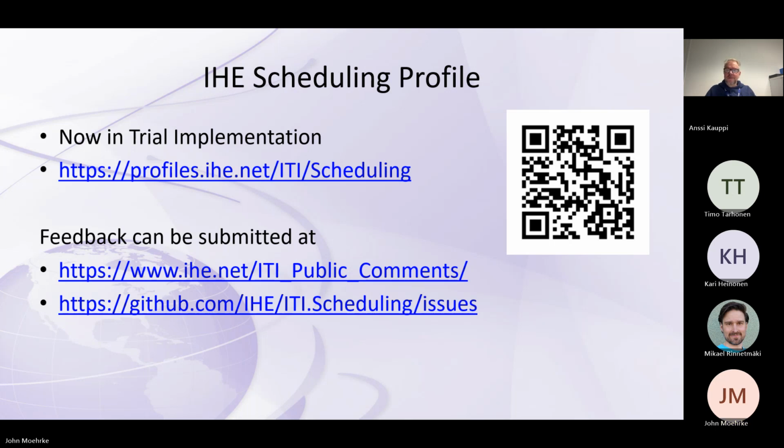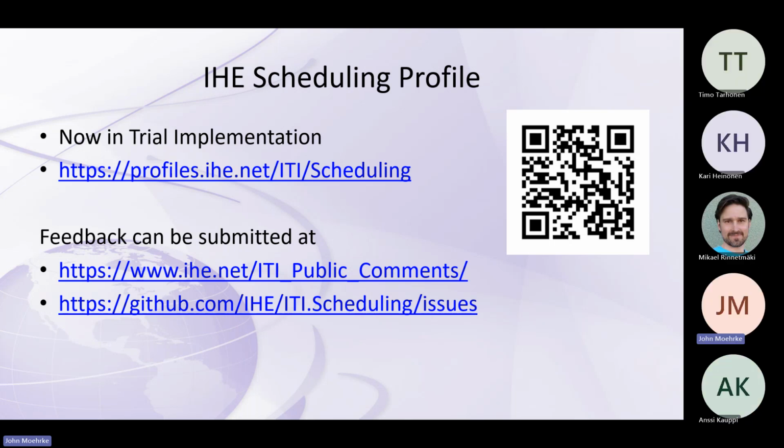I do see another question about scheduling for mobile. This is not scheduling for mobile. We don't have it because scheduling for mobile would mean that we have a scheduling implementation guide that used HL7 V2 or V3 or something like that, and that we reinterpreted it using FHIR.